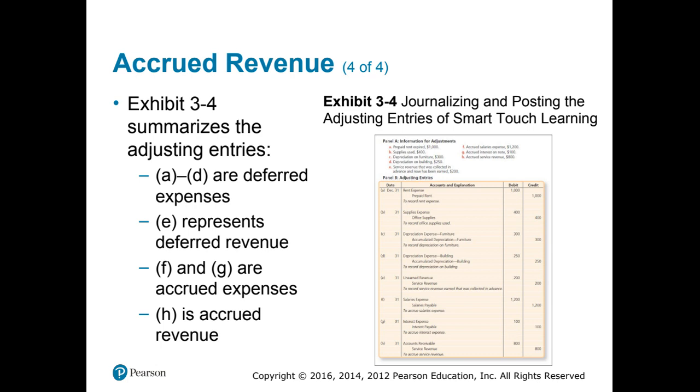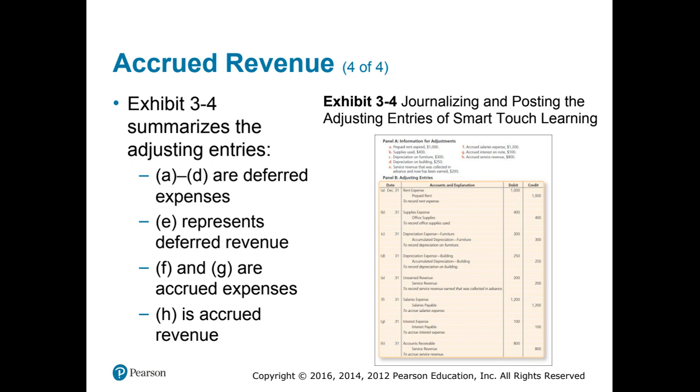So in this exhibit, it summarizes different entries that we've gone through. Let's see here, it's larger in your book. It's on page 136. This shows the adjusting entries and account balances after posting down here in this area.